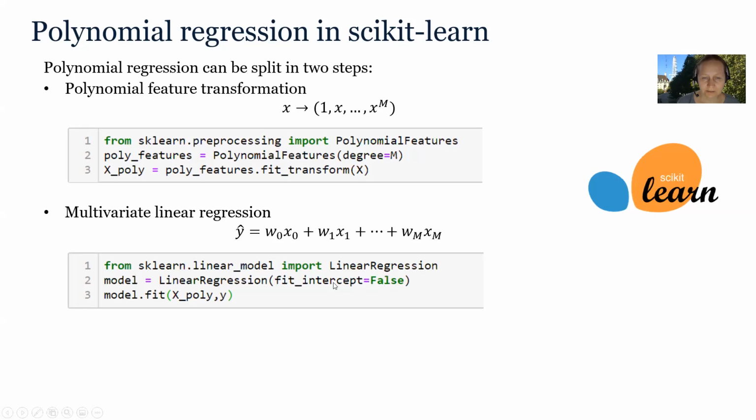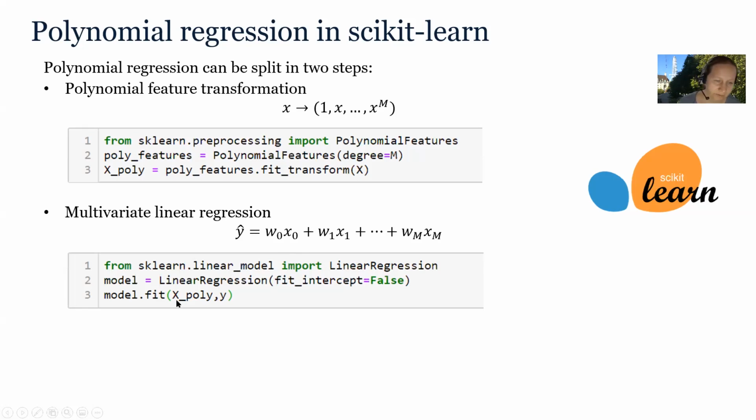And I reflected this in this equation by putting feature x0 next to the first coefficient w0. That means we have no intercept, but this intercept will actually be there because we created feature 1 here. So that will effectively create an intercept for us. That's why we don't want a second one.